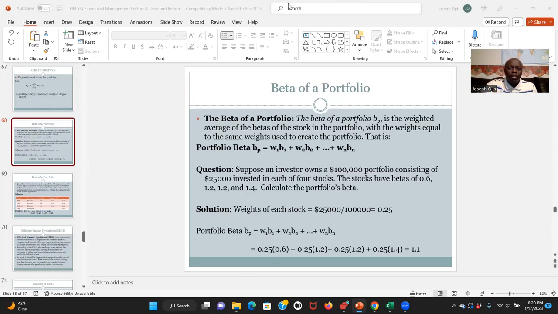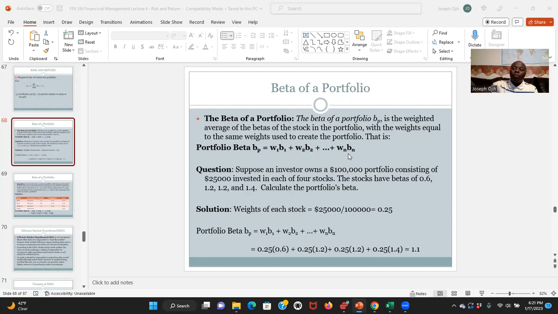So the formula we use for calculating the beta of the portfolio is BP equals the weight of the first stock times the beta of that stock, plus the weight of the second stock in the portfolio times the beta of that stock, plus the weight of the third stock times the beta of that stock, and so on for all the individual stocks that make up the portfolio.